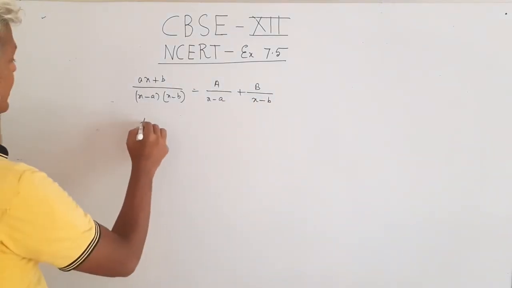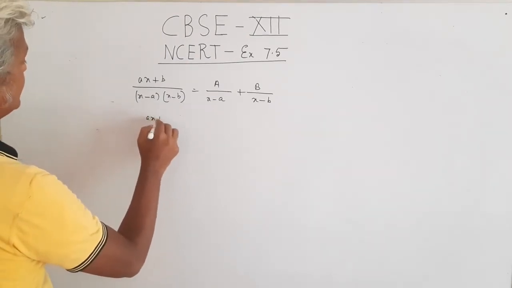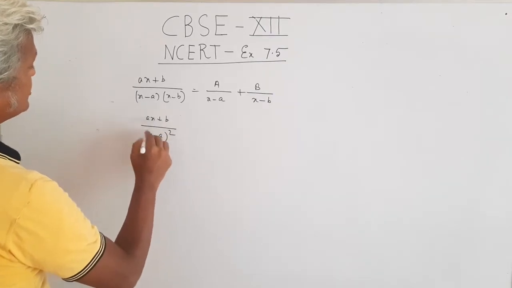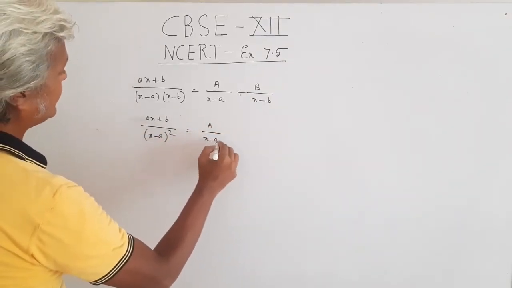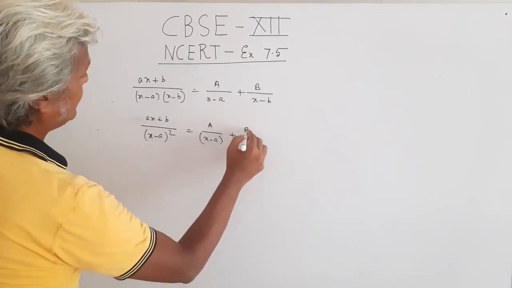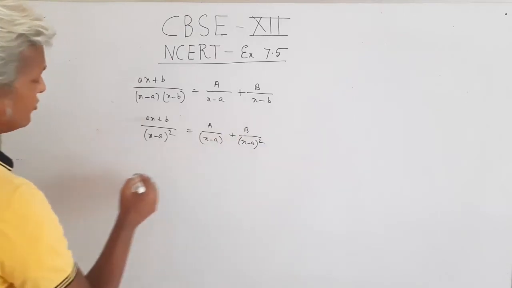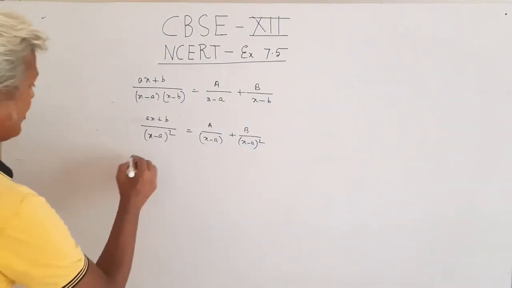Next is when you have (ax + b) over (x - a) whole square, then you write it as A over (x - a) plus B over (x - a) whole square.